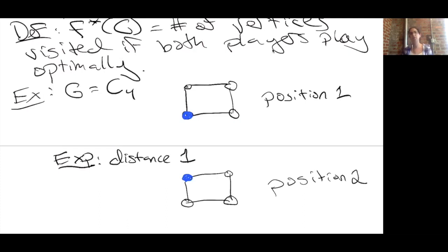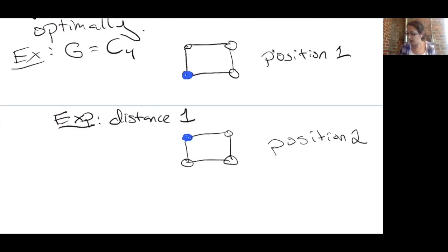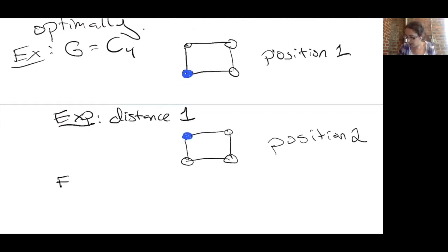So far, 2 vertices have been hit, okay? Now you'll notice that if the explorer now says distance 1 again, the director can just put the token back where it started, and the explorer hasn't gotten anything out of that. So that wouldn't really be playing optimally. But what if the explorer said distance 2?